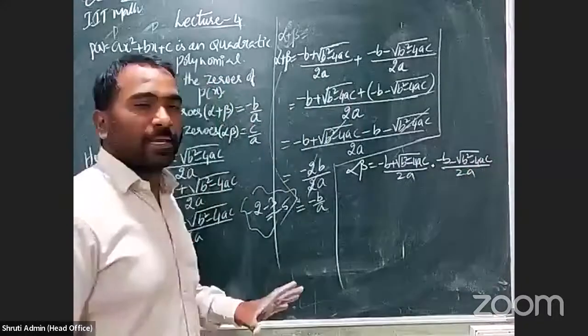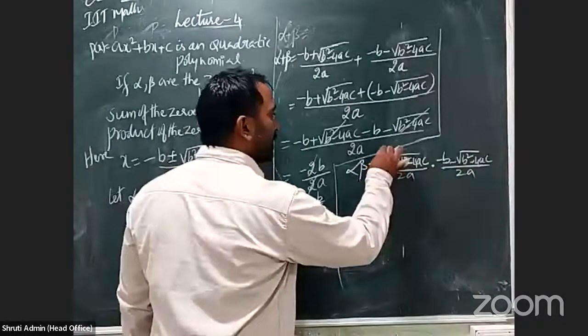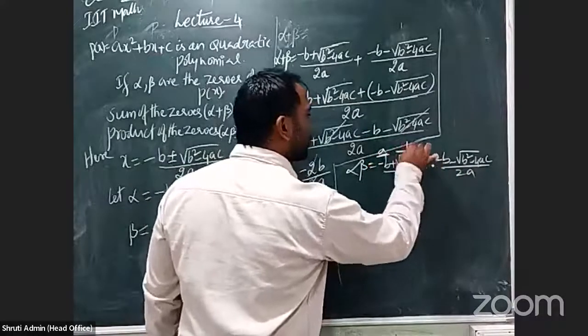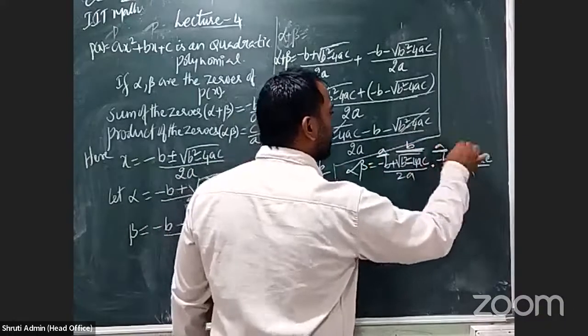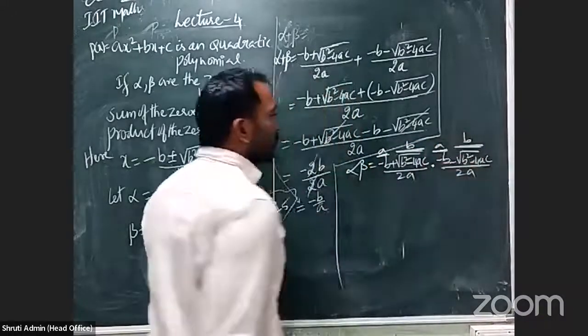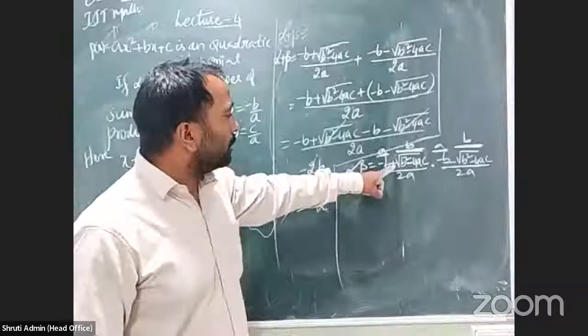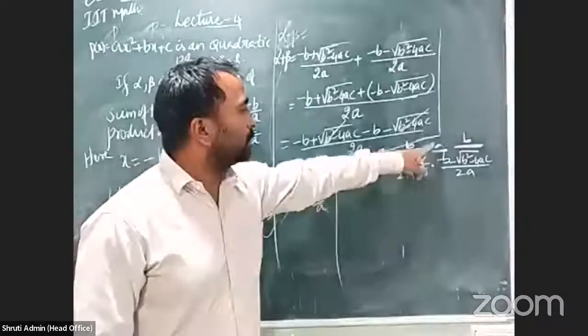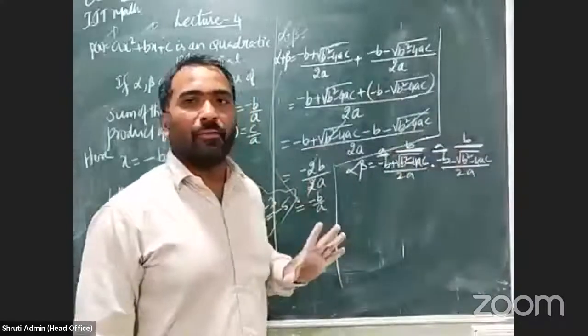If you observe here, this is a and this is b, and this is a and this is b. So what is the formula? See, a plus b into a minus b. Following?